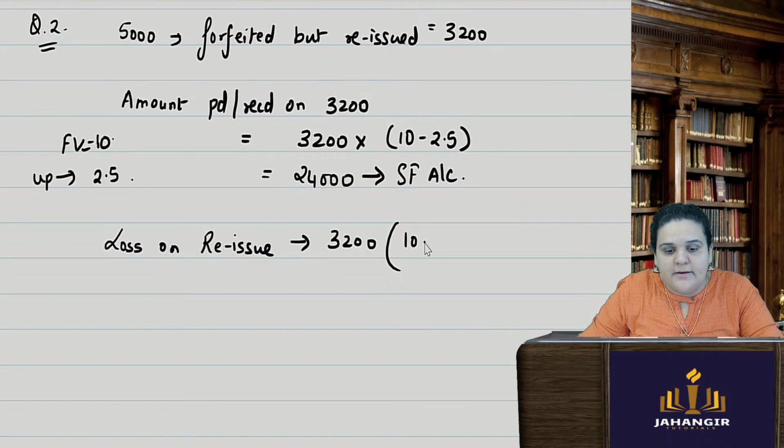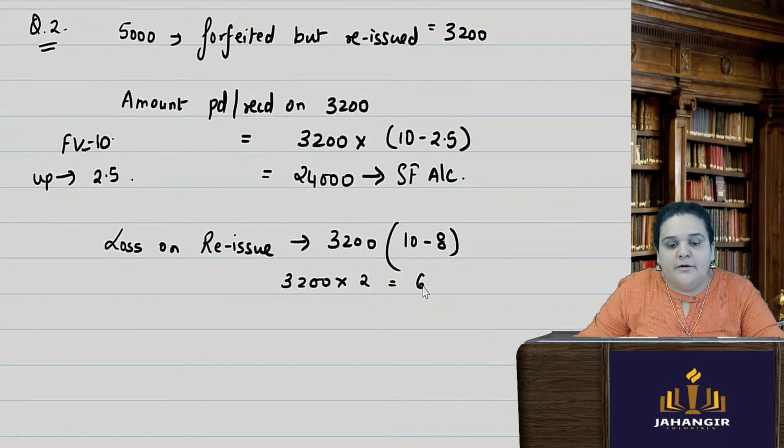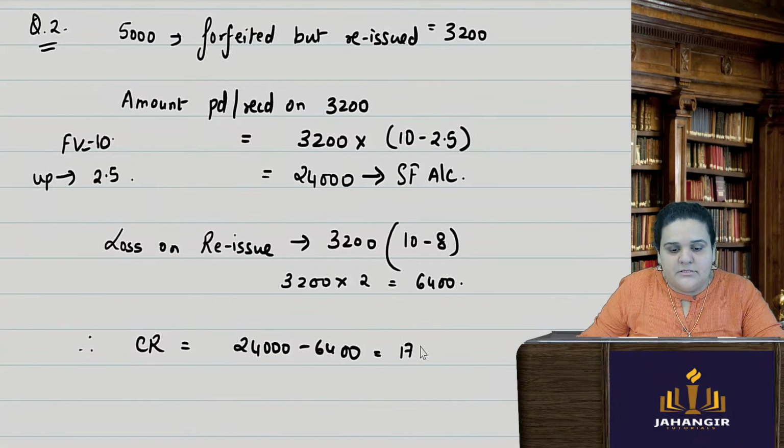So the loss is 10 minus 8, 3,200 into 2, which is 6,400. This loss I can use from share forfeiture. Therefore, the amount transferred to capital reserve will be 24,000 minus 6,400, which is 17,600.